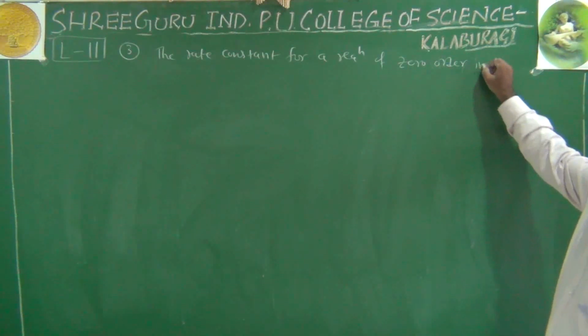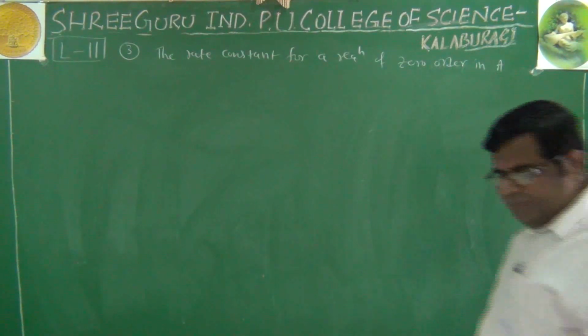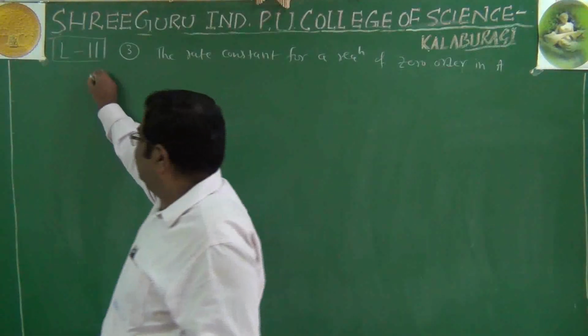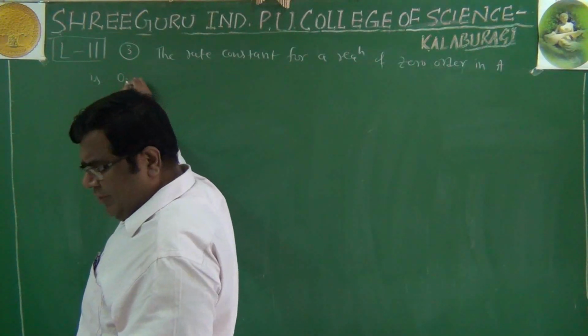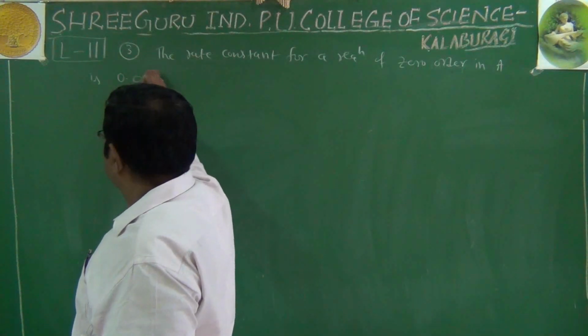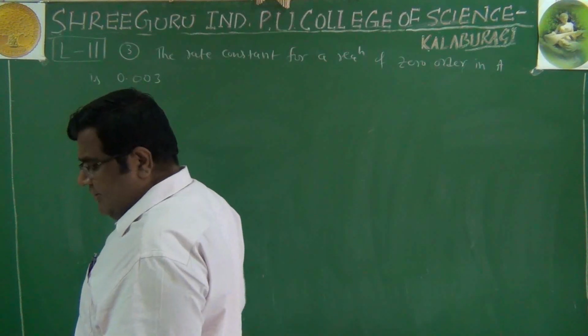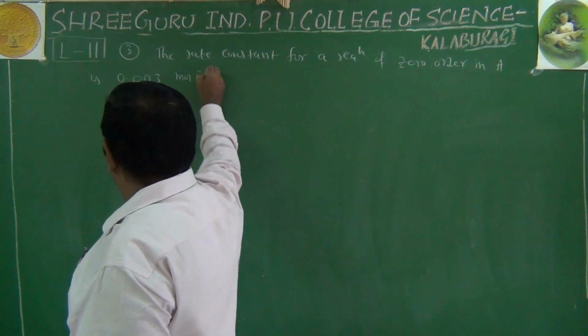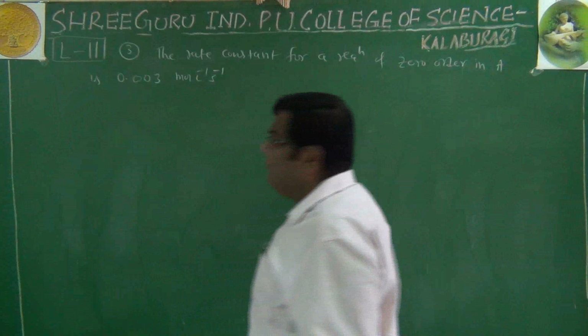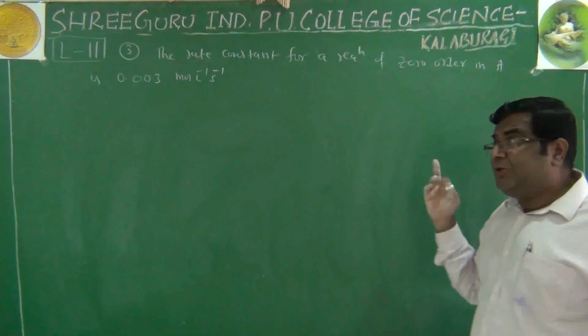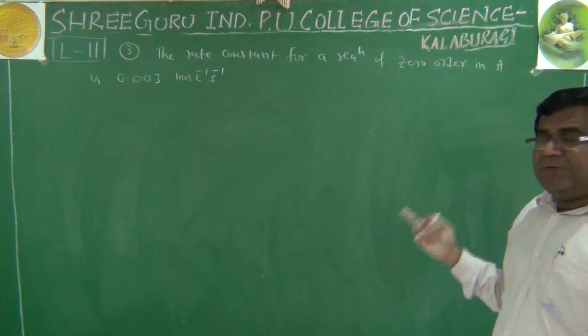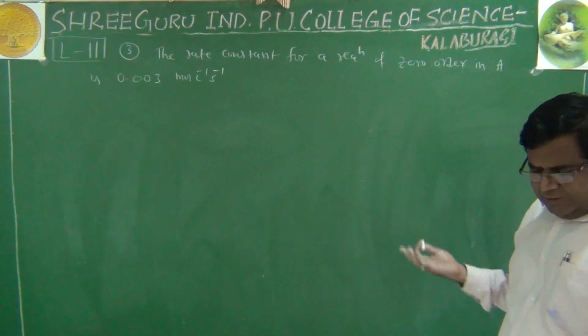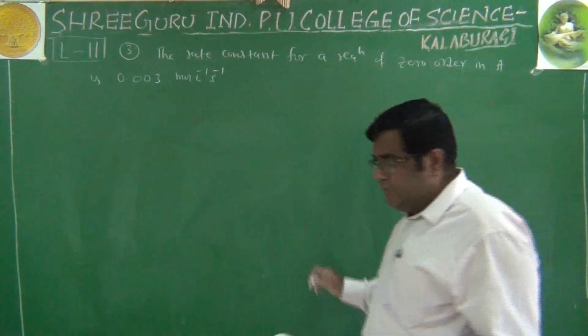The reaction is zero order in A, the reactant, and the rate constant is 0.003 mole per liter per second. We know that the unit of rate constant of a zero order reaction is the same as the unit of rate of reaction, which is mole per liter per second. We came across this term many times.